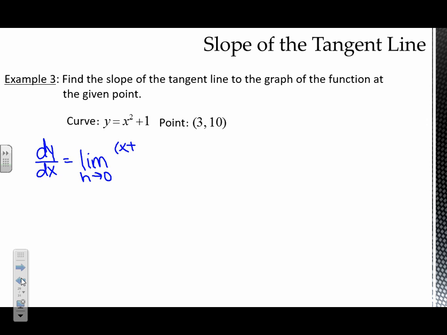So we have f of x plus h, which looks like this, minus f of x, all over h.